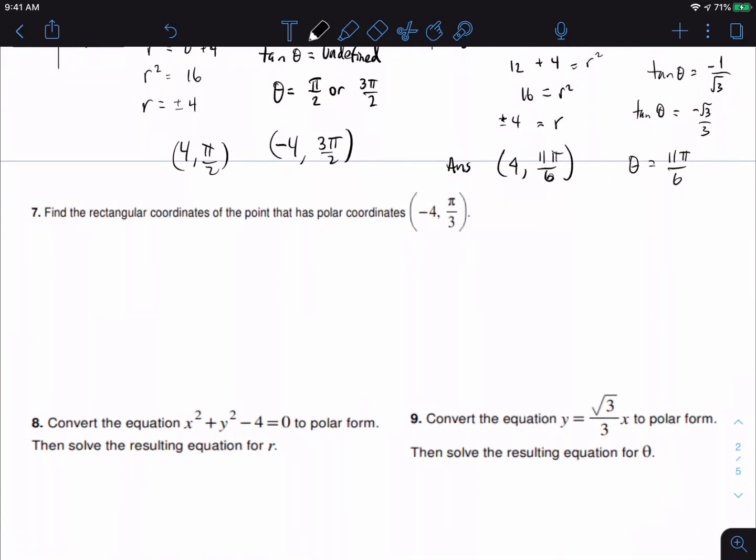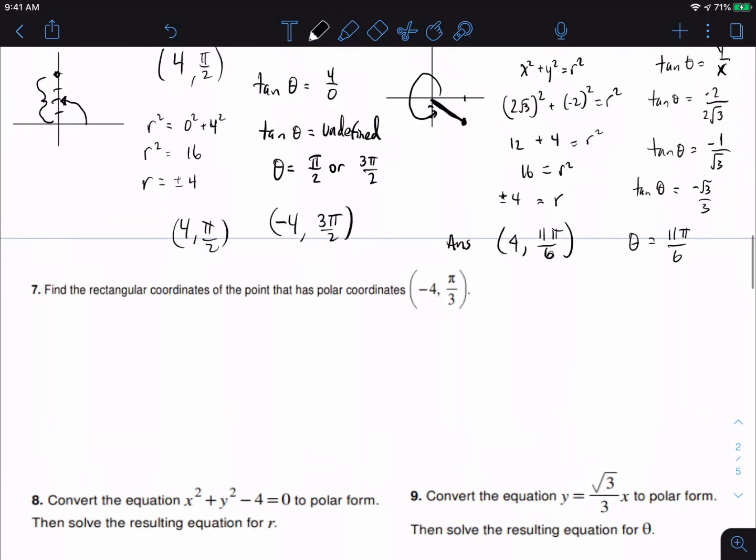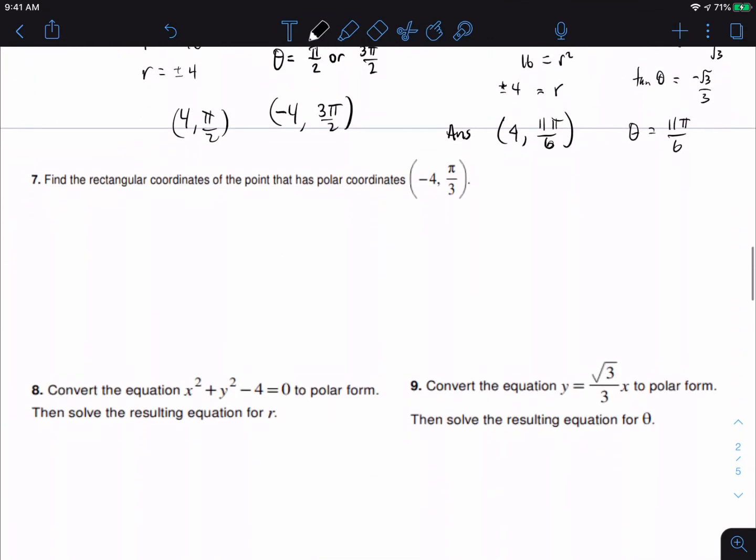Okay. So now in this next example, we can see instead of having x and y, they're giving us r and theta. So this is r, this is theta. And now we're going to solve for x and y.